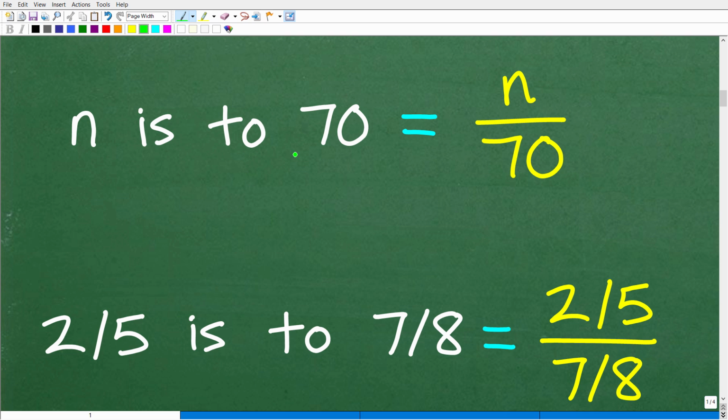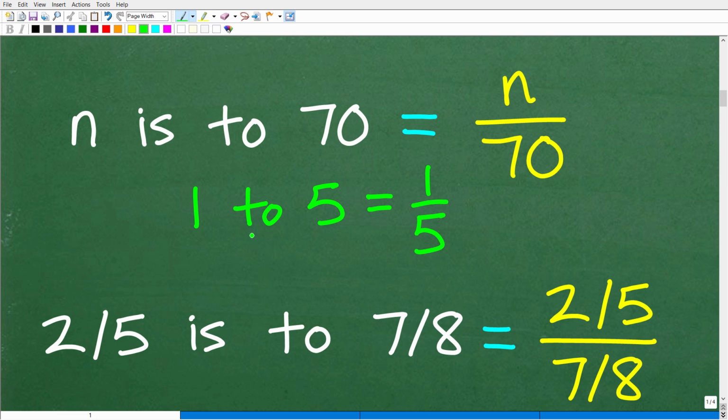Now, when we write a ratio, the first number, like in 1 is to 5, is the numerator, and the second number is the denominator. Again, this word "to" is indicating a ratio.